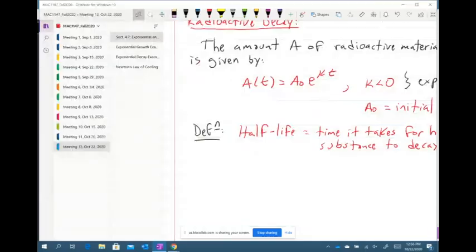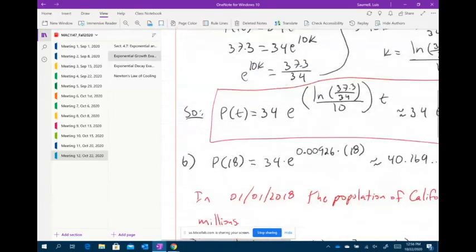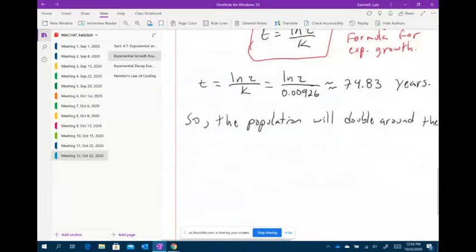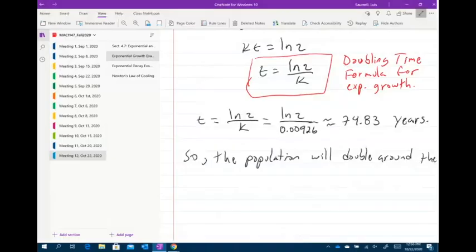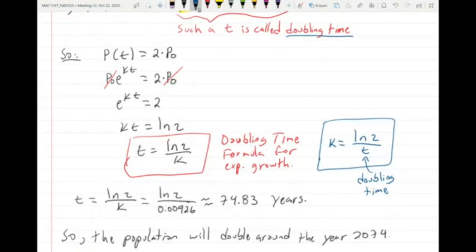So using this definition, let us try to come up with a formula. Right. So the notation that we had here for doubling time, so that we don't get confused ourselves, let's call it dt. So the t here is doubling time, so I'm going to put here dt.